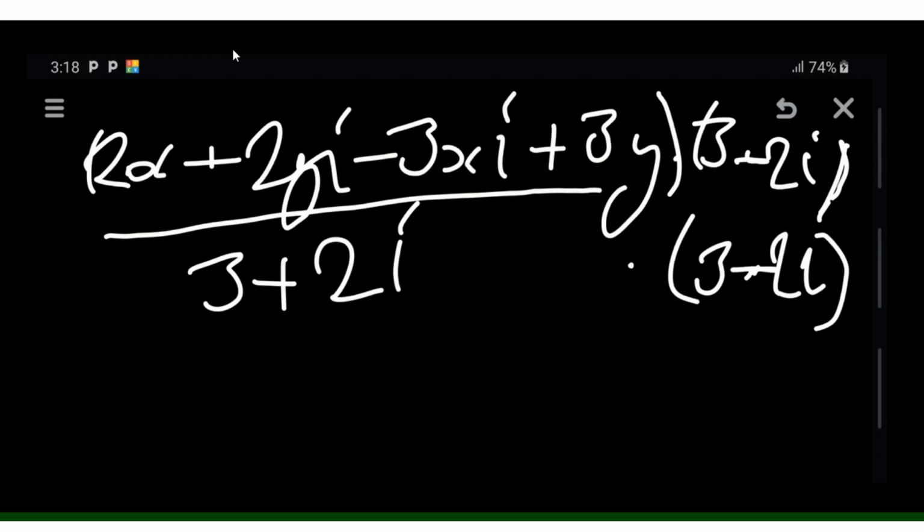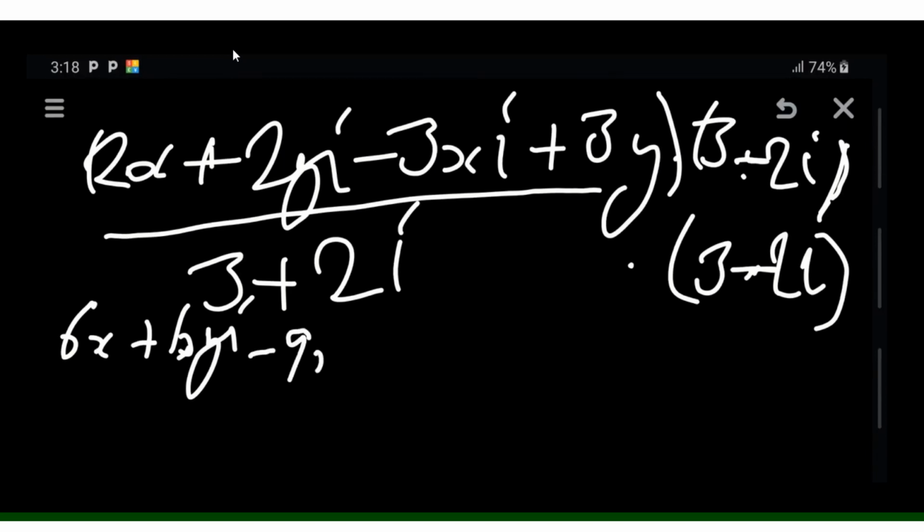So 3 times 2x is 6x. 3 times 2yi is plus 6yi. 3 times minus 3xi is minus 9xi. 3 times 3y is plus 9y.